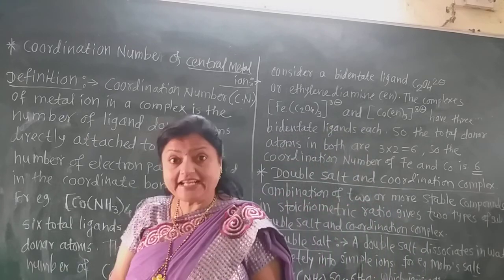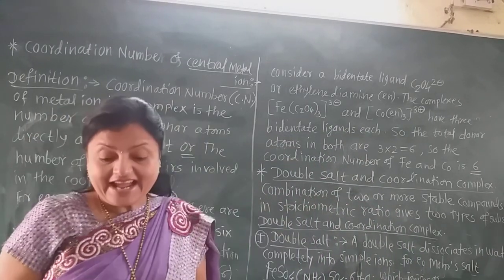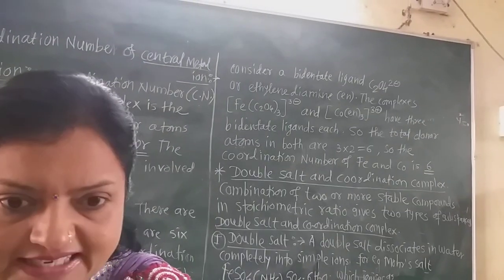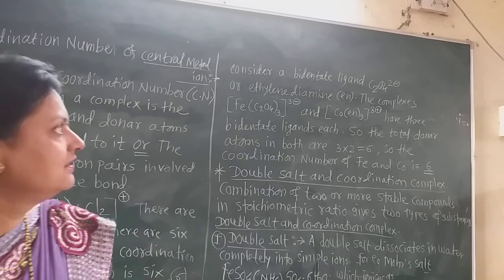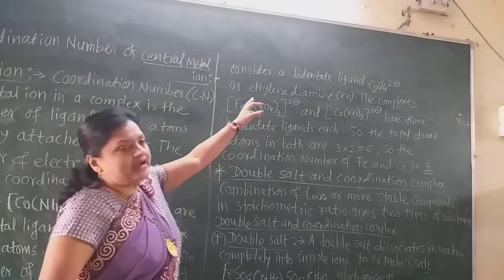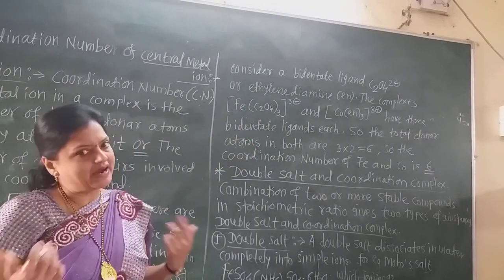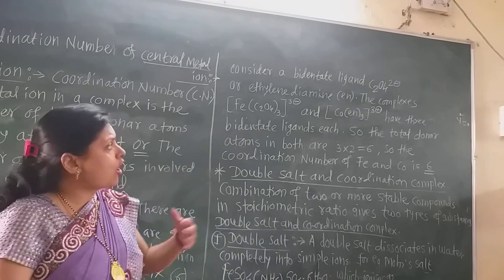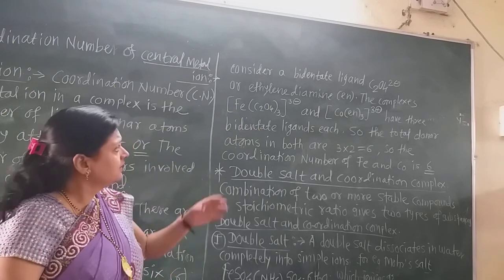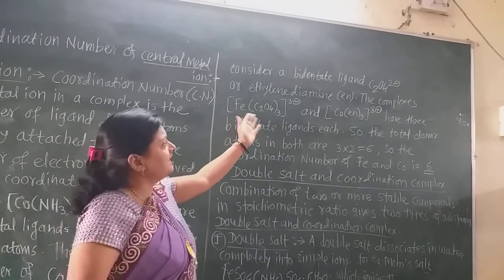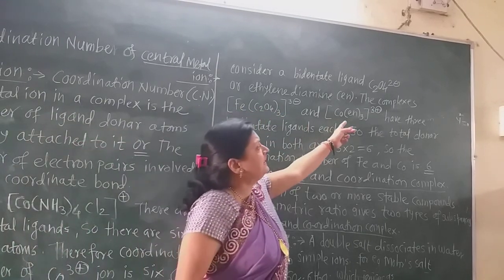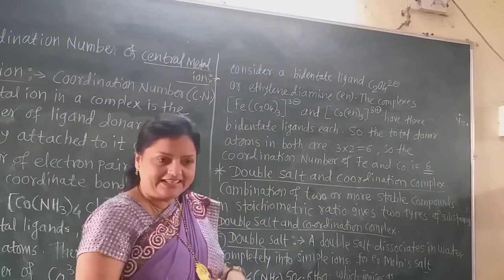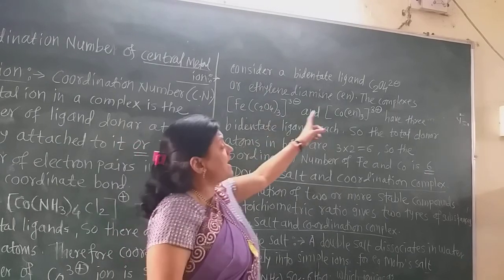But consider bidentate ligands such as the oxalate ion and ethylene diamine. You know that ethylene diamine is a bidentate ligand and the oxalate ion is also a bidentate ligand. Their complexes are given here: this is the oxalate ion complex and this is the ethylene diamine complex, shown in short in this way, with ethylene diamine in brackets. Both complexes have 3 bidentate ligands.